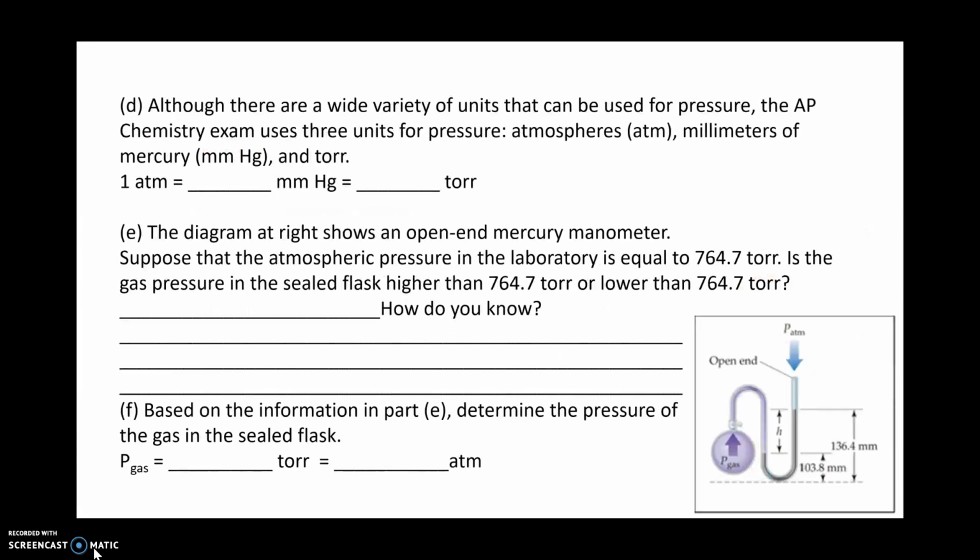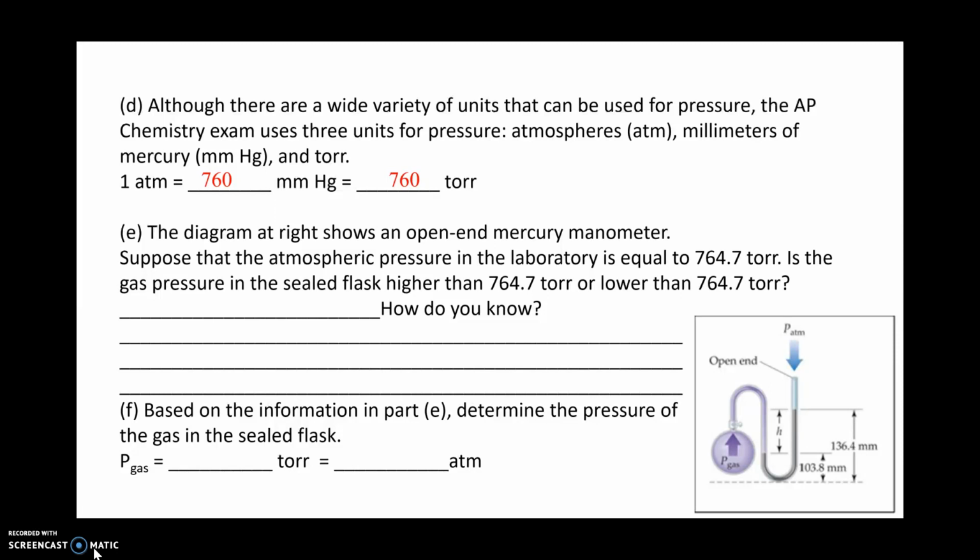So we've got a lot of units that we can use in chemistry. There'll be 3 main units that we use: atmospheres, millimeters of mercury, and torr. A millimeter of mercury is exactly what it sounds like. It's the height of a column of mercury in a glass tube measured in millimeters. 1 atmosphere, the standard atmospheric pressure at sea level, is 760 millimeters of mercury.